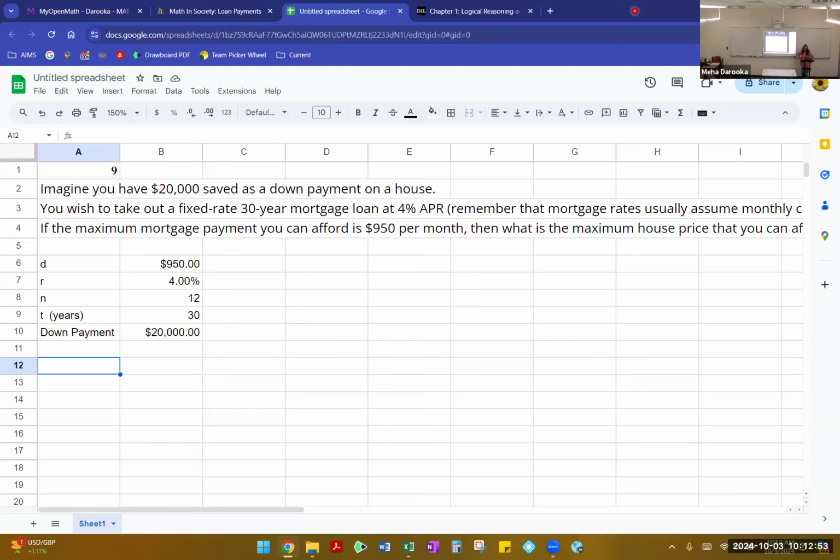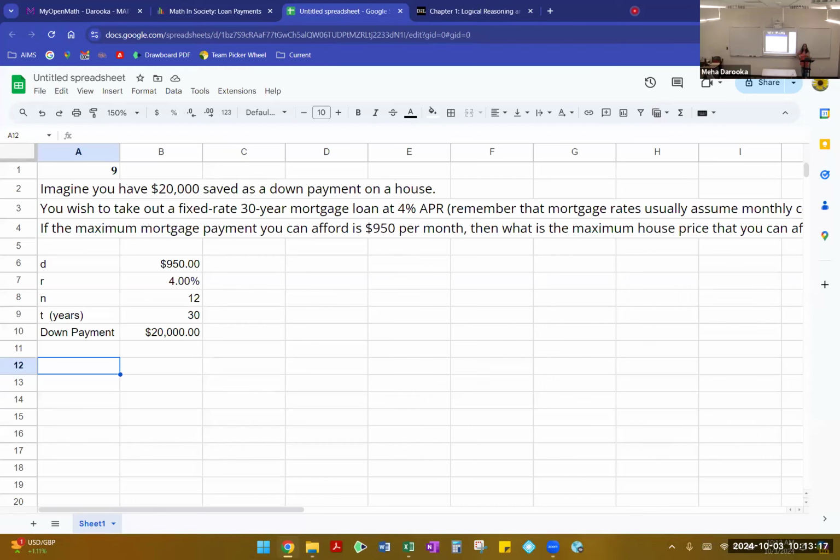Do we know the PV to use the PMT formula? And PMT is the payment, right? PV is the present value. So to use the PMT formula, we should know what the PV is, right? Which is the amount of loan. Do we know how much loan we are going to borrow? No, but we do know the maximum payment we can make, right? So it's actually the other way around.